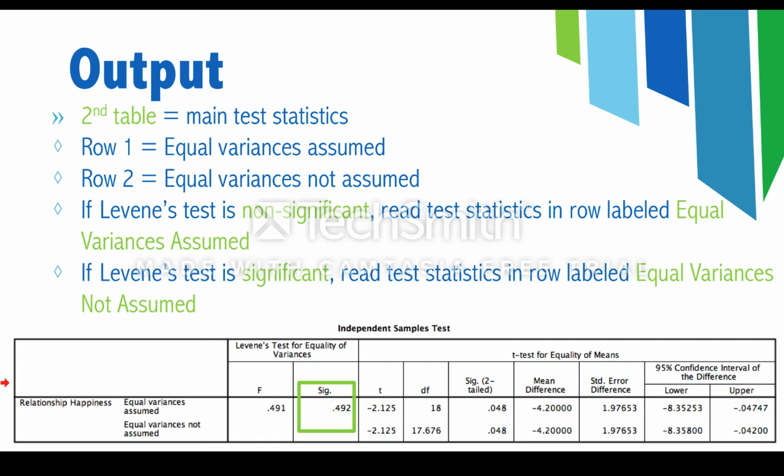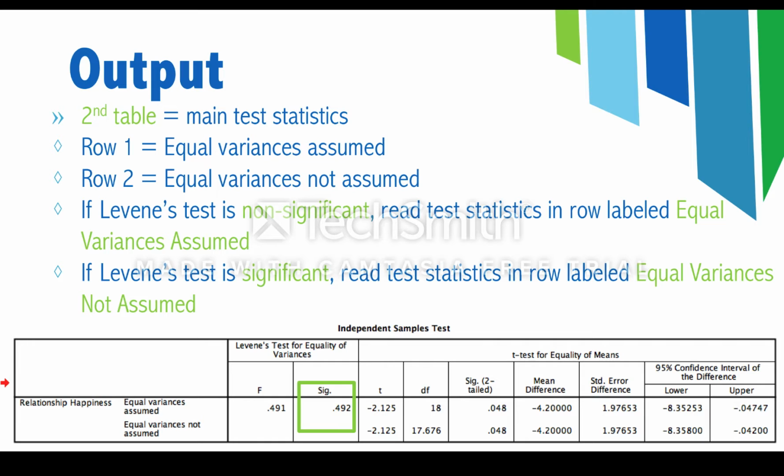In other words, Levene's test tests whether the 2 samples came from populations with the same variance. The results of this test are presented in the first section of the independent samples test table. So to check whether the population variances are equal, you need to consult the Sig. column located under the Levene's test for equality of variances column.